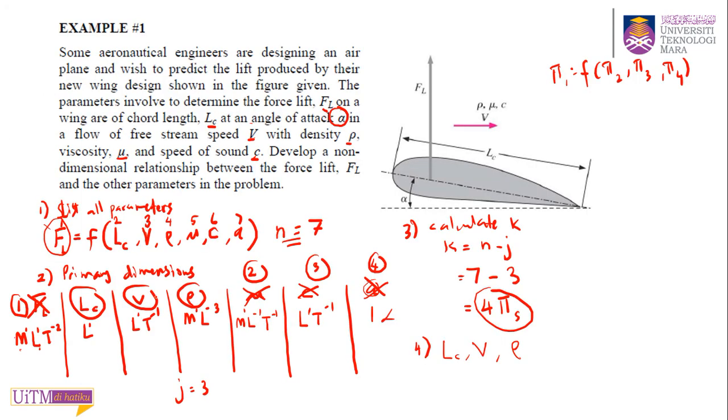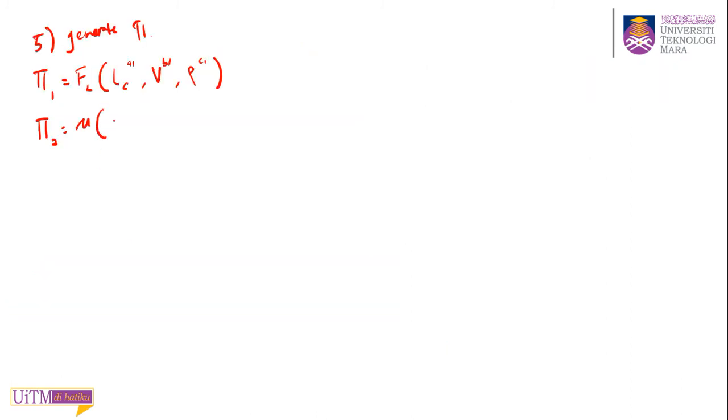This is our first pi. Our second pi will be the next non-repeating variable, mu, times L^A2, V^B2, and rho^C2.